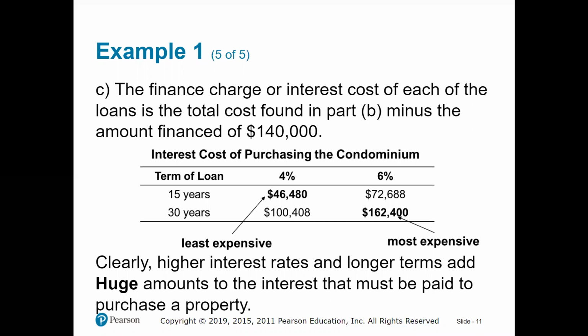So clearly, higher interest rates in longer terms add huge payments to the interest that must be paid to purchase the property. So the least expensive is 15 years for 4%, and the most expensive will be 30 years at 6%.